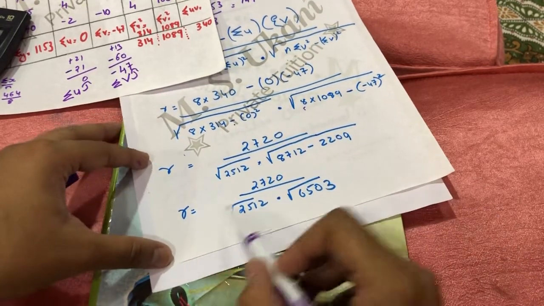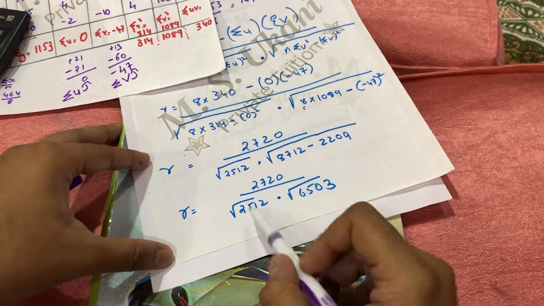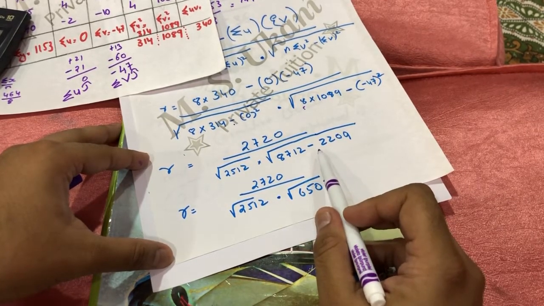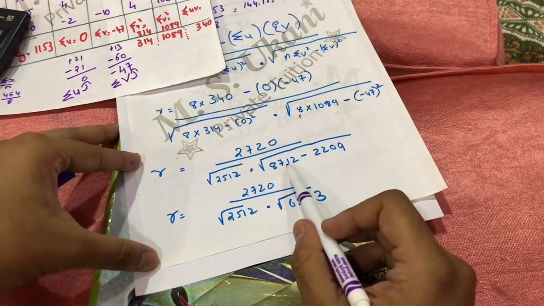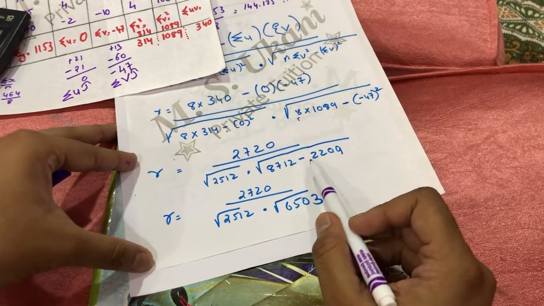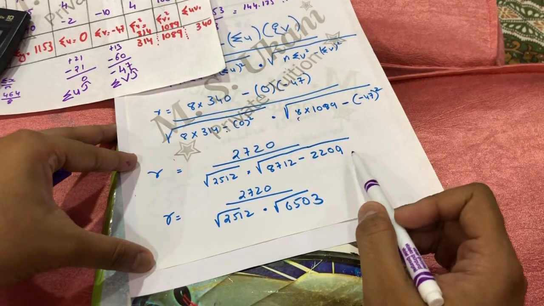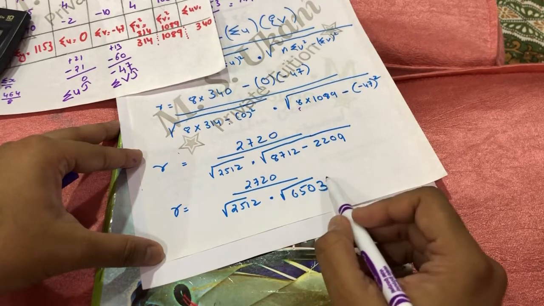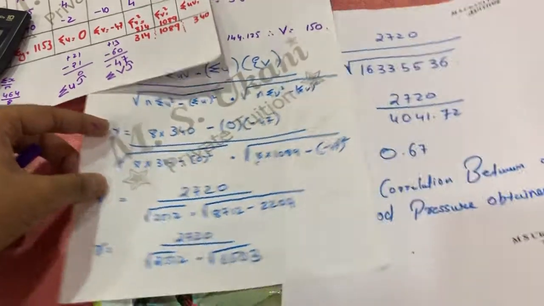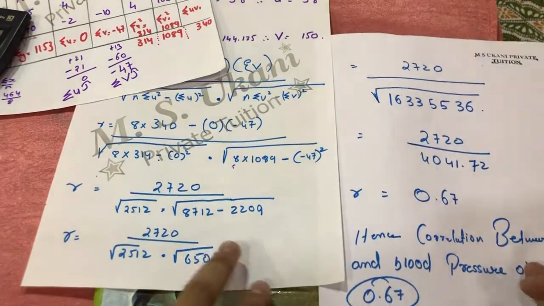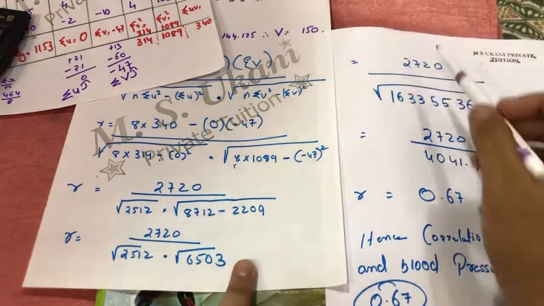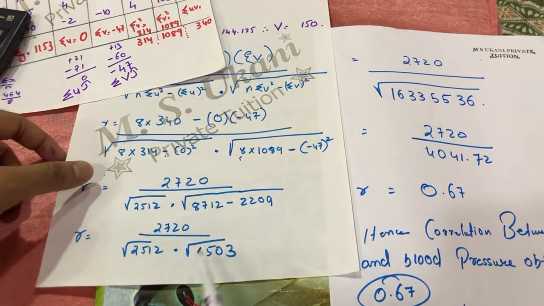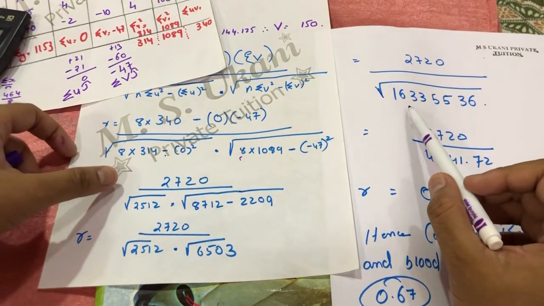Next step, r is equal to 2720 upon this number we will write as it is, because here the subtraction is pending. Okay, so when we subtract 2209 from 8712, we will get 6503 under root. Okay, let us move to the further step. Again we will write 2720 over here and we will multiply both the roots. So we will get the answer like this.